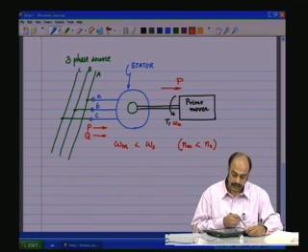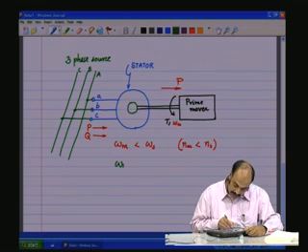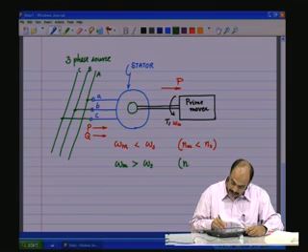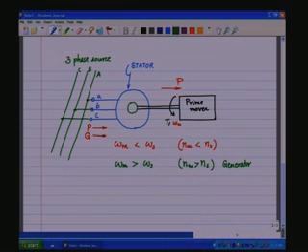the active power. Now, if we have omega m greater than omega s, or Nm is greater than Ns, then this is in generating mode. There is a generator, whereas what was in red was a motor.